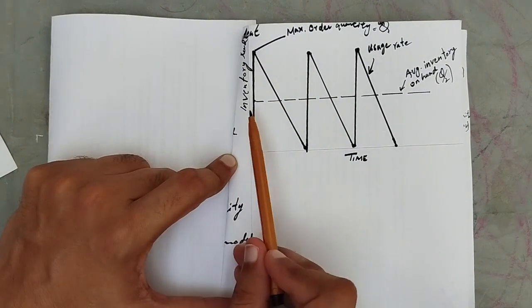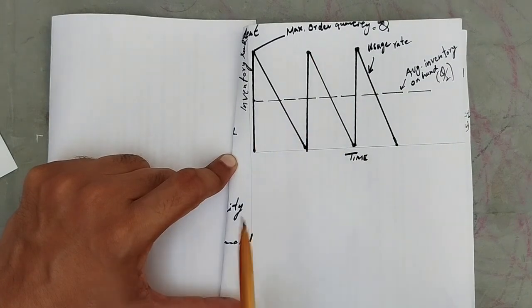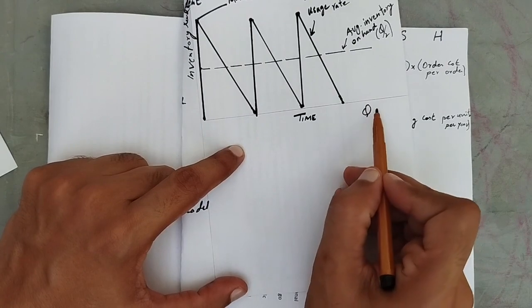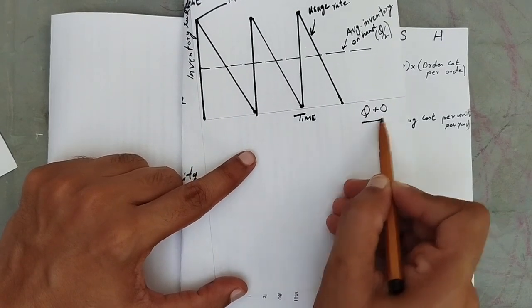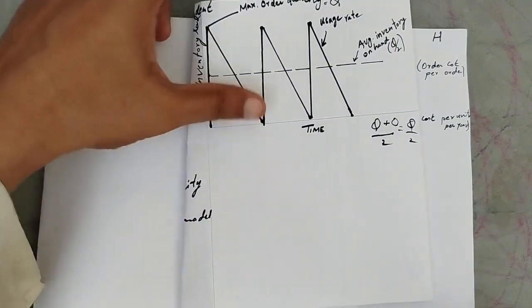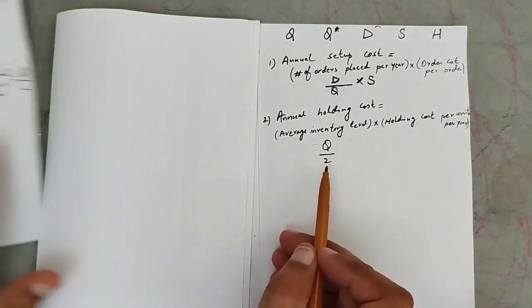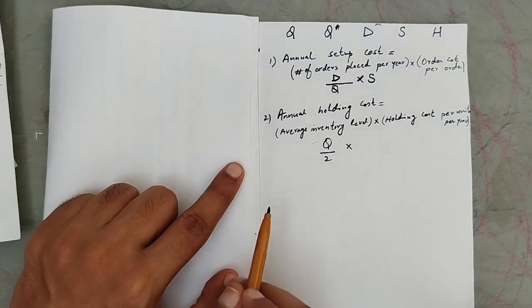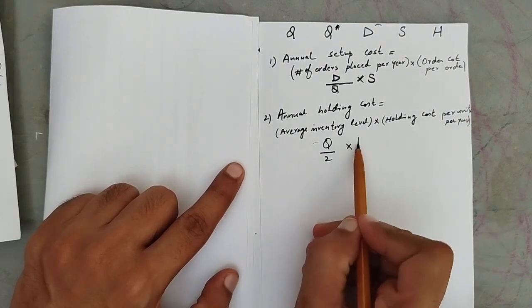This is the maximum, this is the minimum, and if you take maximum and minimum divided by 2, what would we get? Q by 2. So this is the average inventory we have, multiplied by the holding cost per unit per year, that is H.